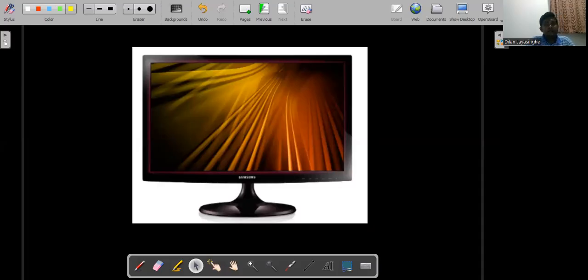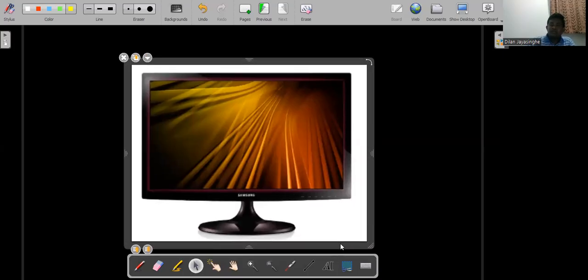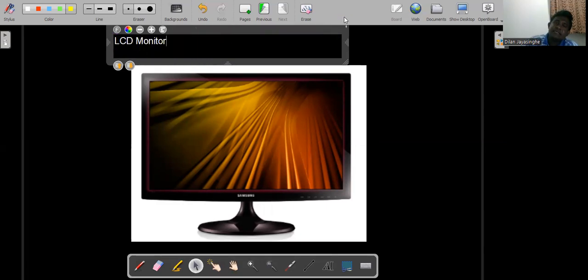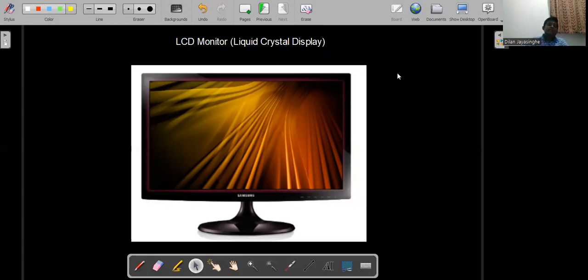Right here, children, this is an image of an LCD monitor, right? LCD stands for liquid crystal display.